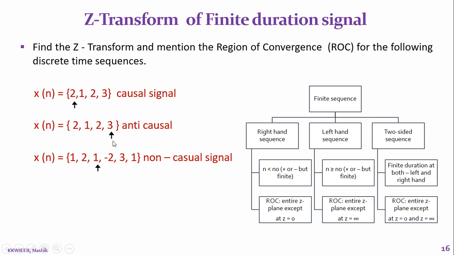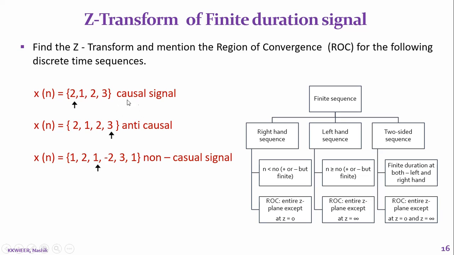In an anti-causal left-handed sequence, the 0th place stands over here, so all will have negative values. And this is a two-sided sequence, that means here the 0 is placed, it may have positive as well as negative values. So how to calculate the Z transform of this?